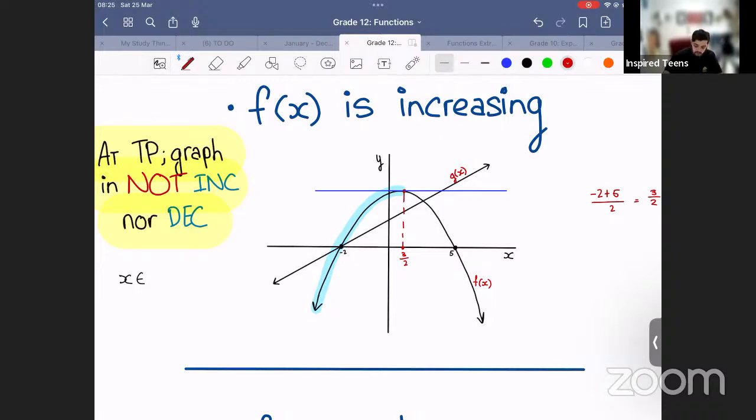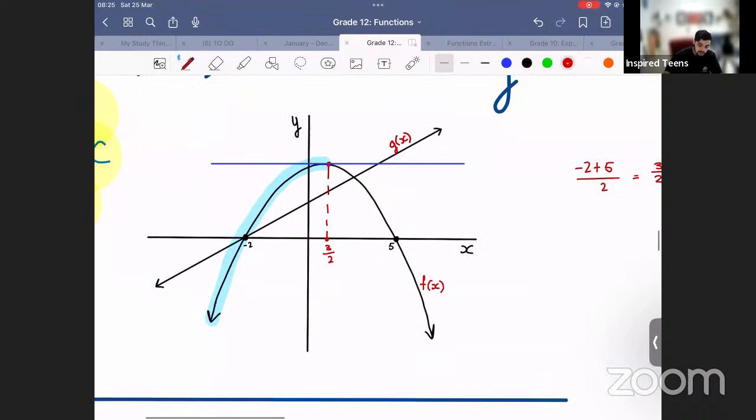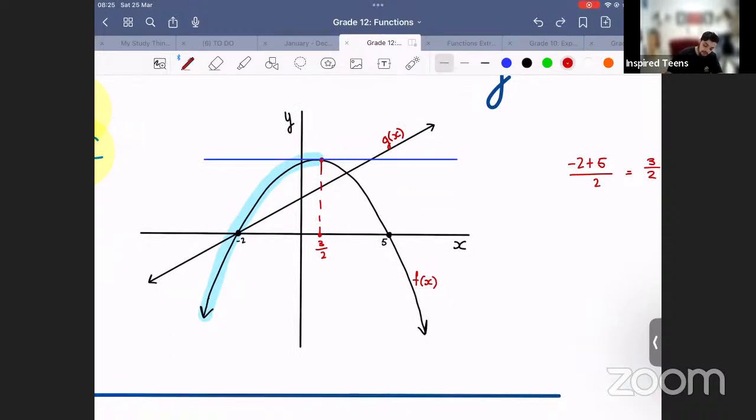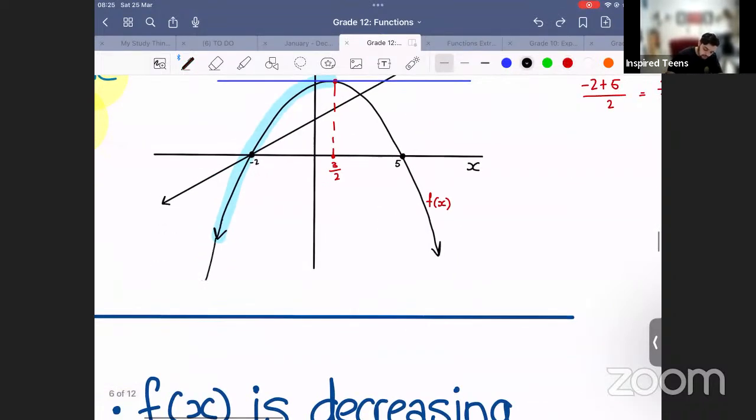If we consider this graph, here's the highlighted portion. The most left value is somewhere here, because remember, this graph continues on forever and ever. It continues forever left, more left, more left. So the most left value of this graph would be negative infinity.